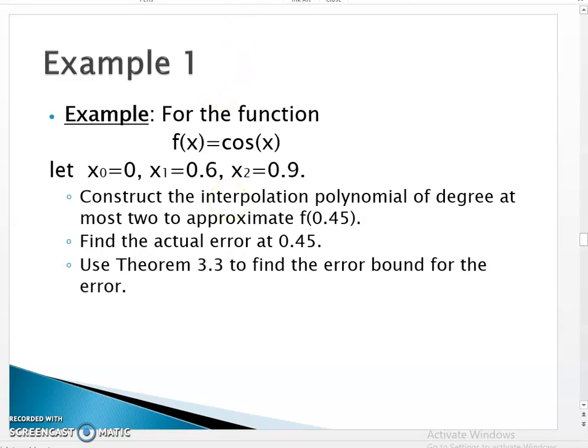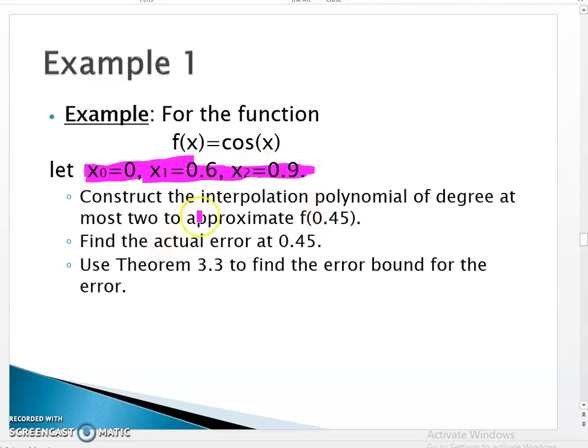So things to pay attention to: kindly we need to pay attention to these values that we are given, the value of x0, the value of x1 and the value of x2.